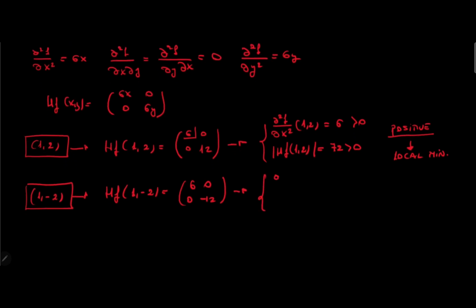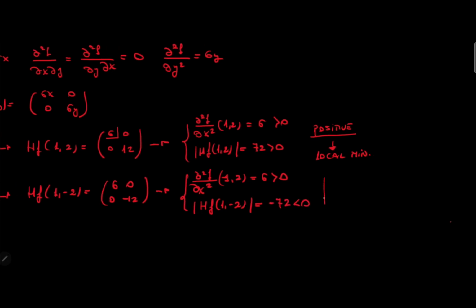And so the second order partial derivative according to x twice is equal to 6, that's positive, but the determinant of the Hessian matrix now is equal to minus 72, and it's negative. This combination is undefined. So if it's undefined, we have a saddle point.